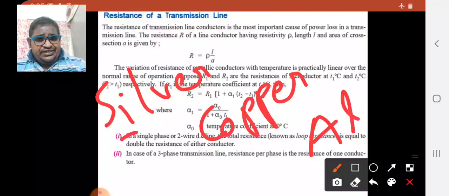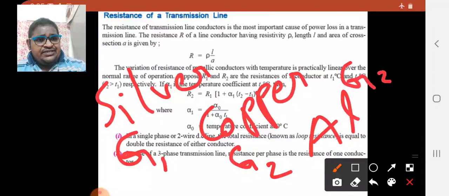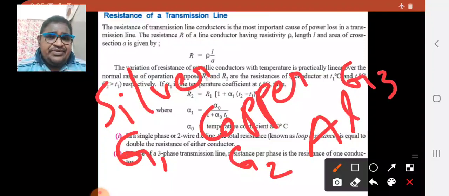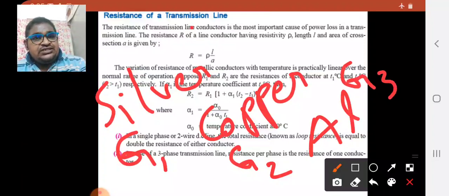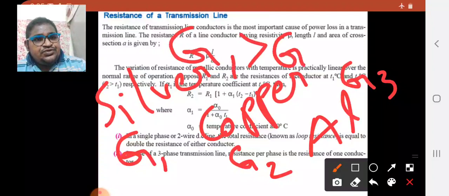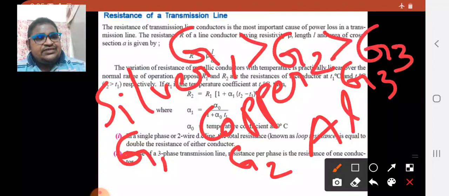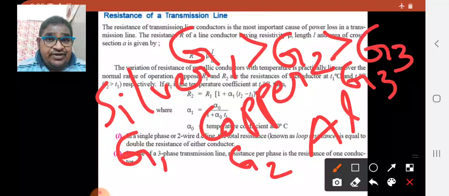Silver conductivity G1, copper conductivity G2, aluminum conductivity G3. The relation is G1 is greater than G2 and it is greater than G3. That is, the silver conductivity is more than copper and copper conductivity is more than aluminum.